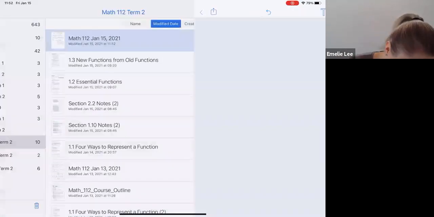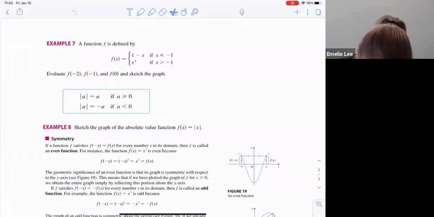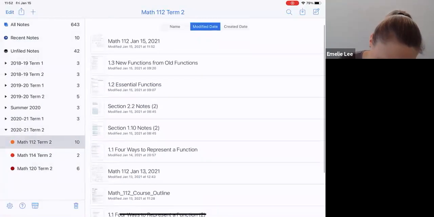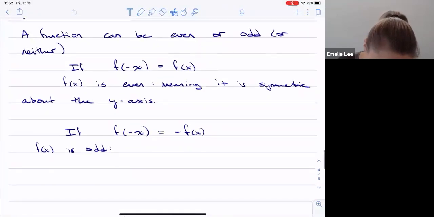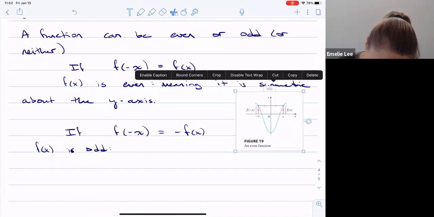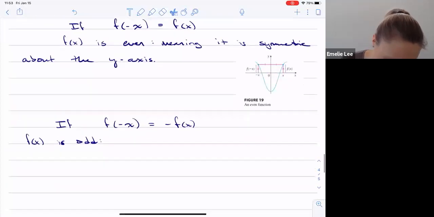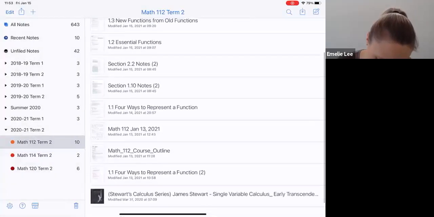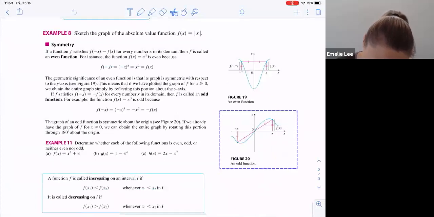And in fact, I'm going to bring in those graphs that I have in the handout. So an even function we talked about looks like this. Yep. I'll scoot the other one down. There. So the odd function looks like this.